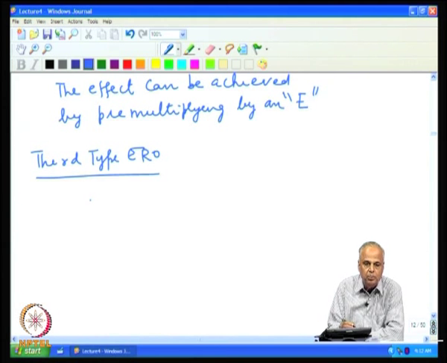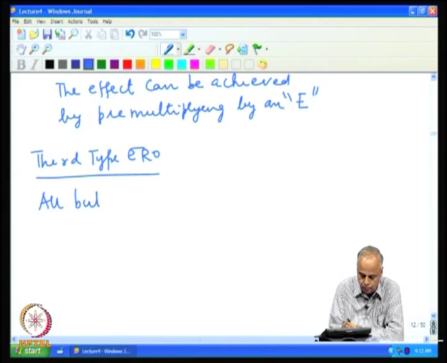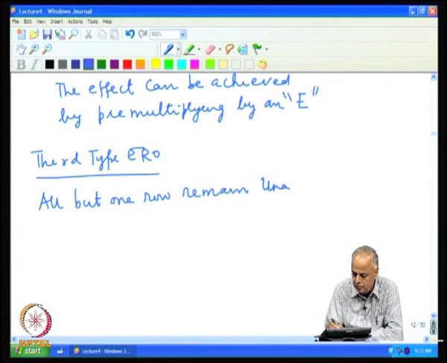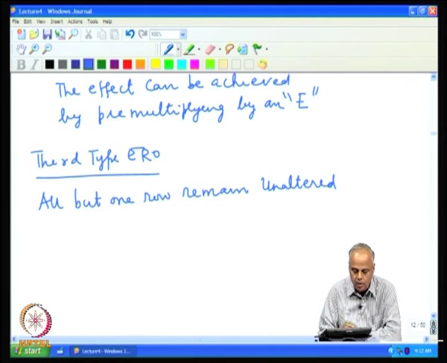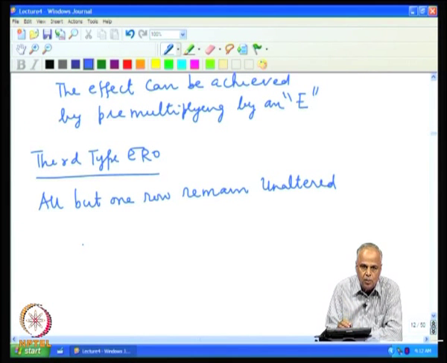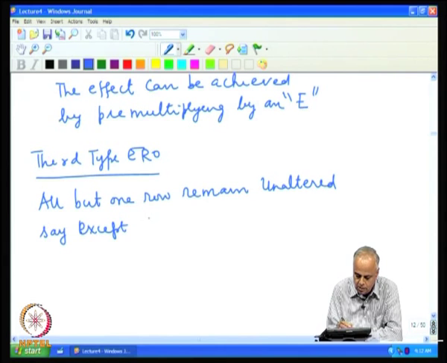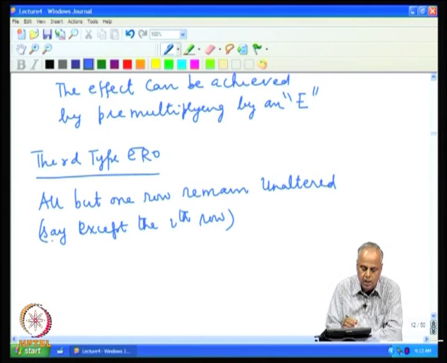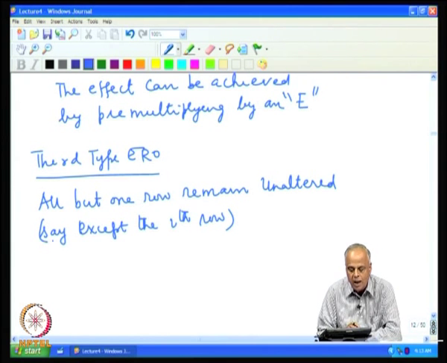It is again a simple ERO, again all but one row remain unaltered, only one row undergoes a change, say the ith row. All remain unaltered except the ith row.